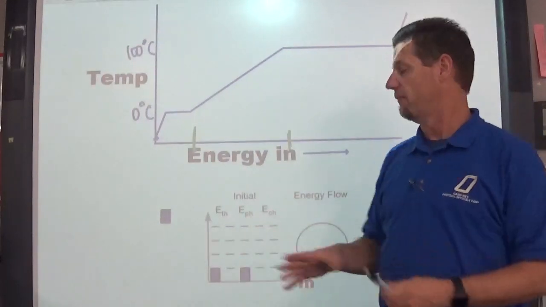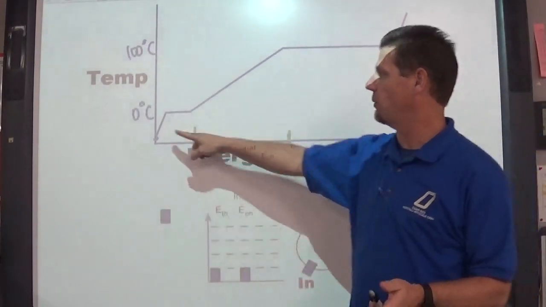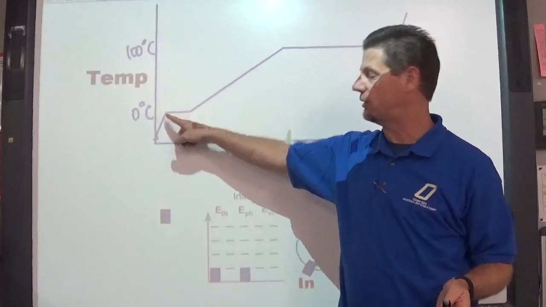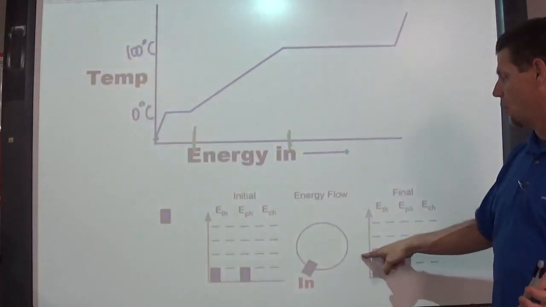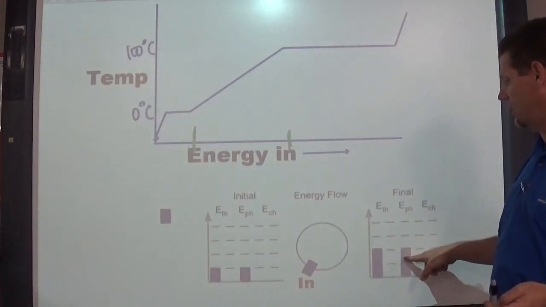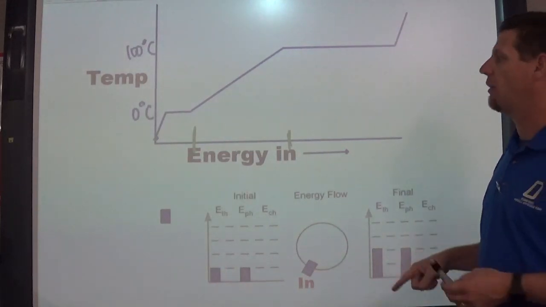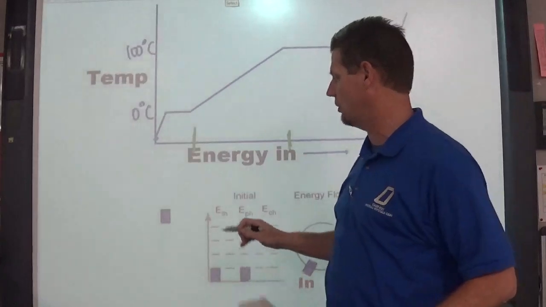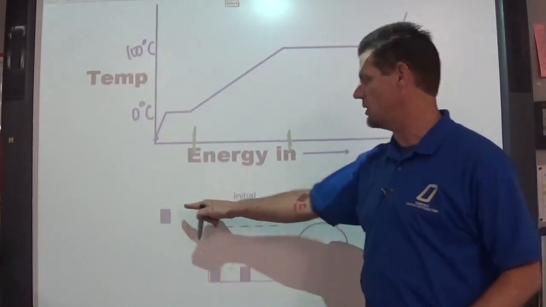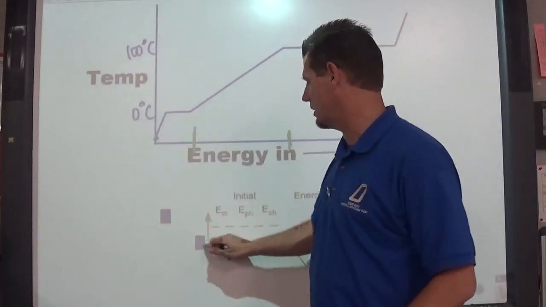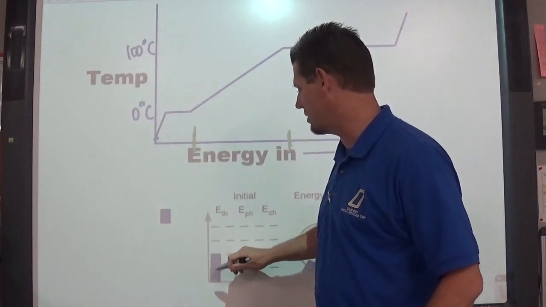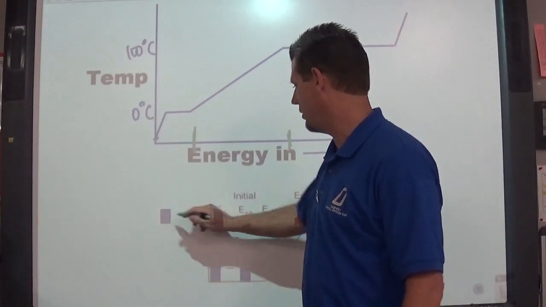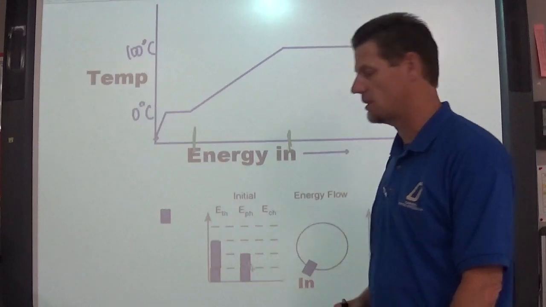So again, for the first phase, as we went from solid up to the melting point, we did that. Once we began to melt it, we had to put more energy in, and it began to melt. And then if we were to keep going to turn it into a liquid, more energy goes in, more energy goes in, and as a liquid, we would have had some thermal energy, and it would have looked like this.